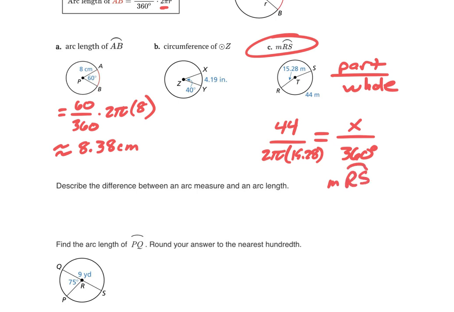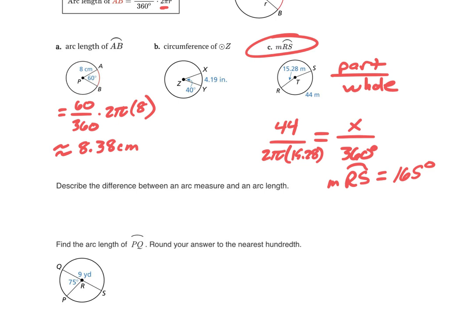My answer here should have a degree symbol, because we're trying to find out how many degrees is arc RS. What do we get? 164.99. So I'm going to go ahead and write that as 165 degrees.